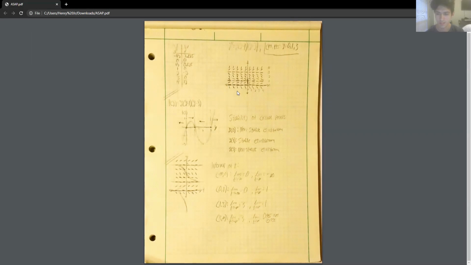Let's qualitatively analyze. We're going to use the basic function f(y), plotted y versus f(y), and you can see the stability of certain points based off of the direction of the slope.